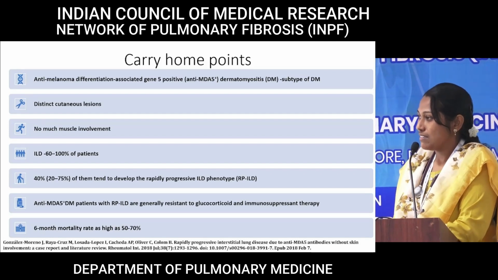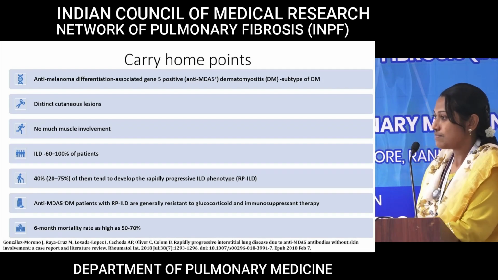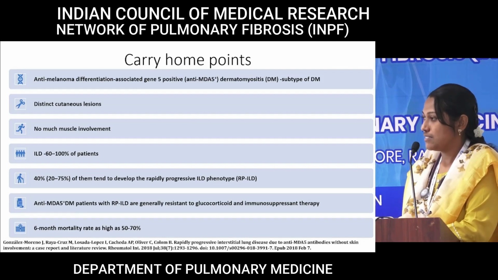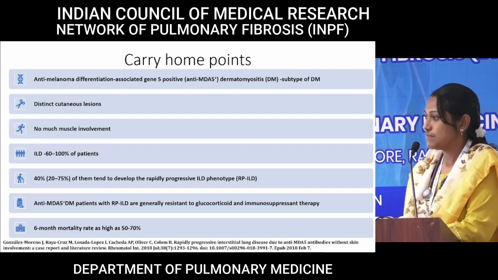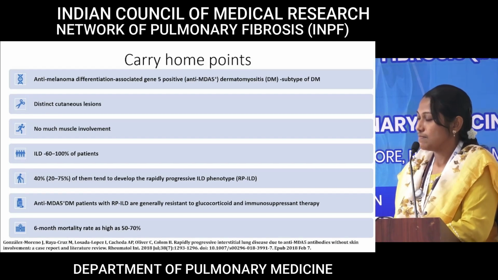Maybe I can give a quick experience actually. At CMC, we started doing anti-MDA5 in 2019. The first patient was a dermatomyositis patient with extensive skin lesions, which was not behaving typically. So we got it done from JIPMER, and that patient was anti-MDA5 positive.